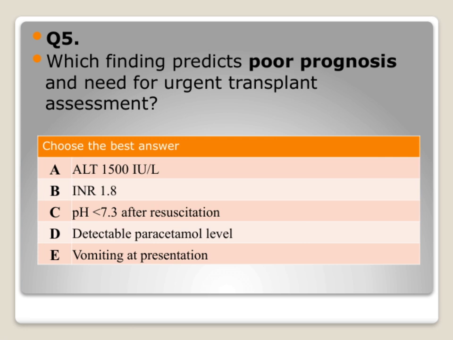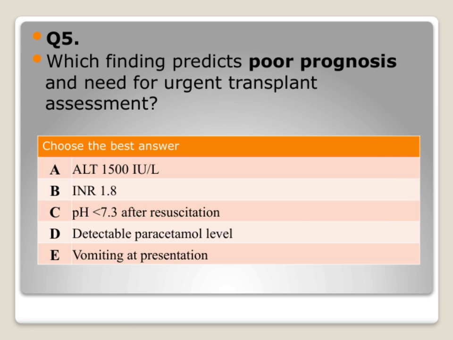An INR over 1.5 is often used as a threshold when considering transplant because it reflects the liver's ability to produce clotting factors. Then, a pH less than 7.3 after resuscitation signals metabolic acidosis, which is a marker of severe systemic deterioration and poor perfusion.